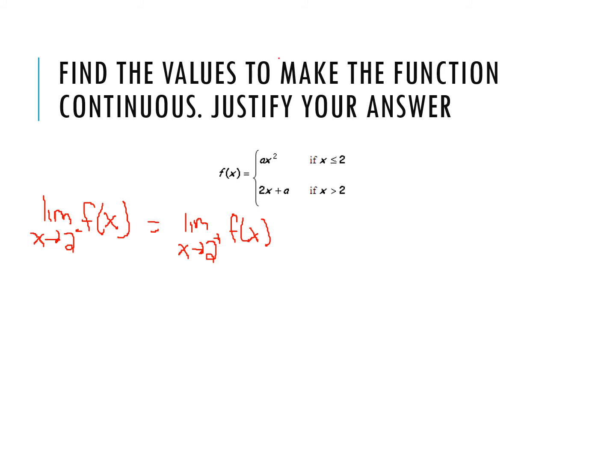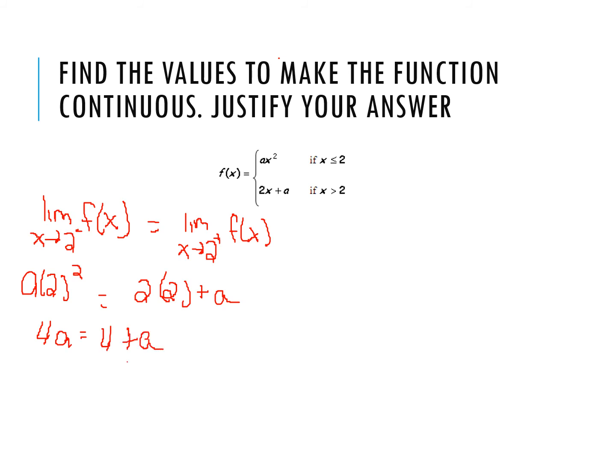So that would give us a times 2 squared is equal to 2 times 2 plus a, because I am substituting in 2 for each place I see x. So we have 4a is equal to 4 plus a.